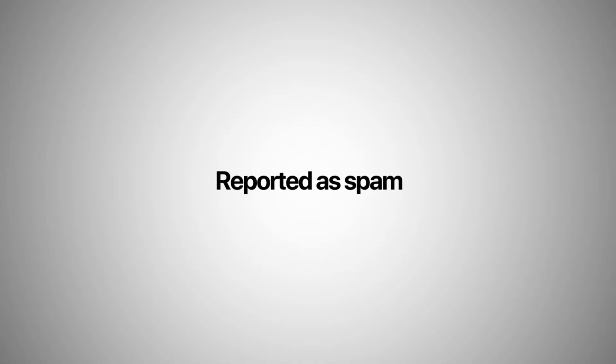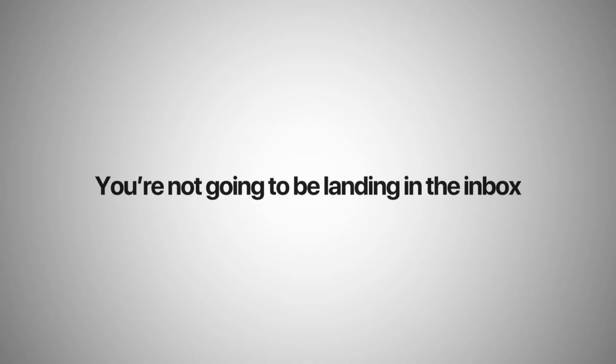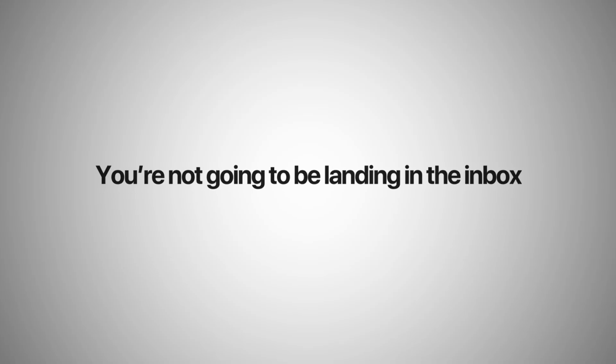Now, here is the thing, just by sending a random AI generated first liner, which has probably been generated based on the AI being trained on SEO blogs as examples of what good cold emails look like, the chances are these will be reported as spam, they will be moved into the junk and promotion folders, and you're not really going to be landing into the inbox of the prospect.